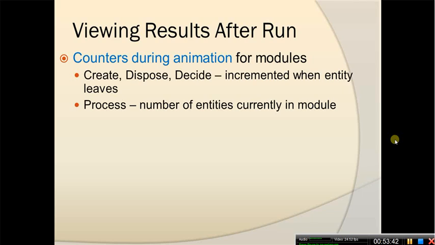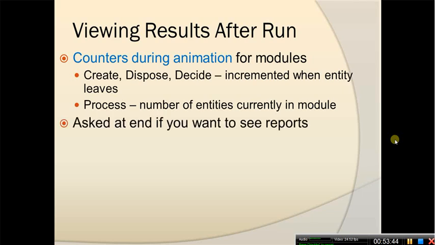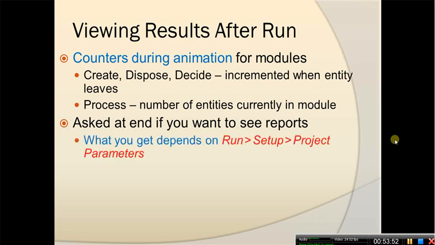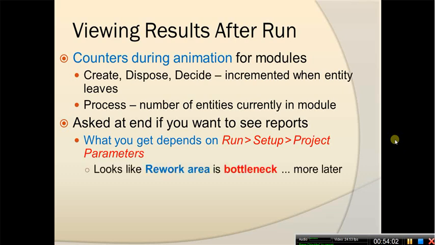And for process, right, the number of entities currently in the module. And then at the end of the simulation run, we were asked, right, if we wanted to see the reports, right? So the type of statistics that we got depends on what we selected, right, in the run setup and project parameters.